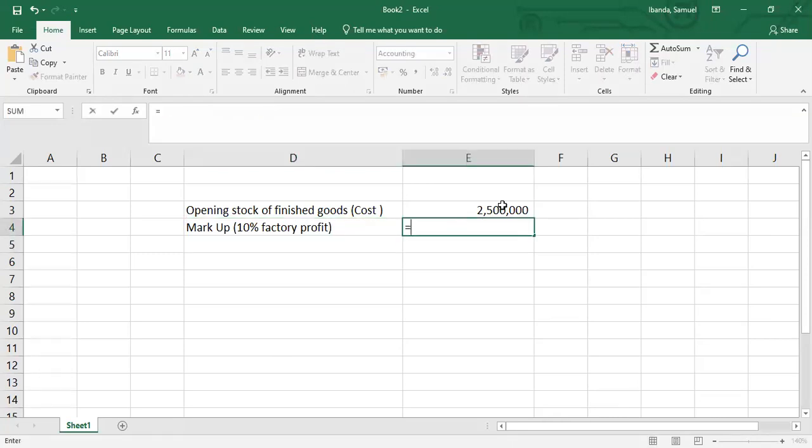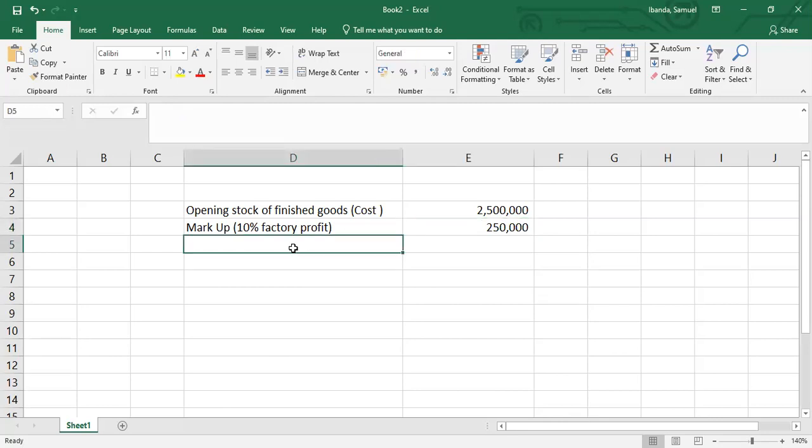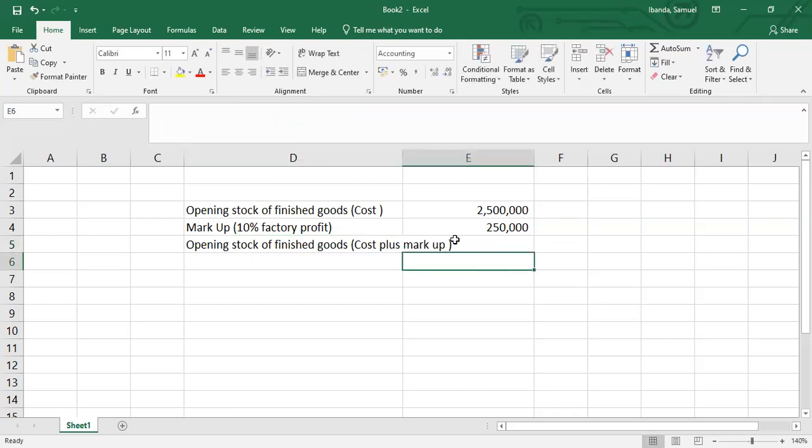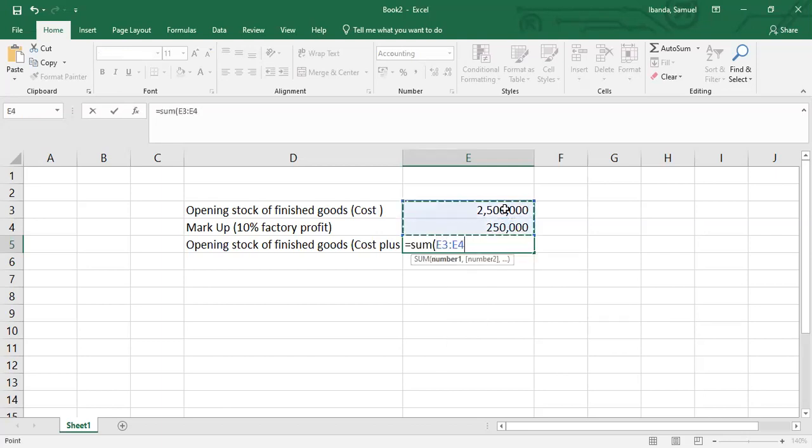So 10% of this, this times 0.1, gets you 250. So our new balance, the opening stock of finished goods at cost plus markup, is basically the summation of this, okay?